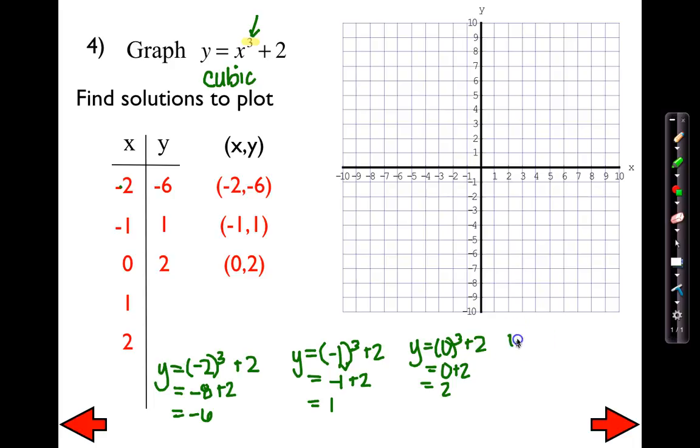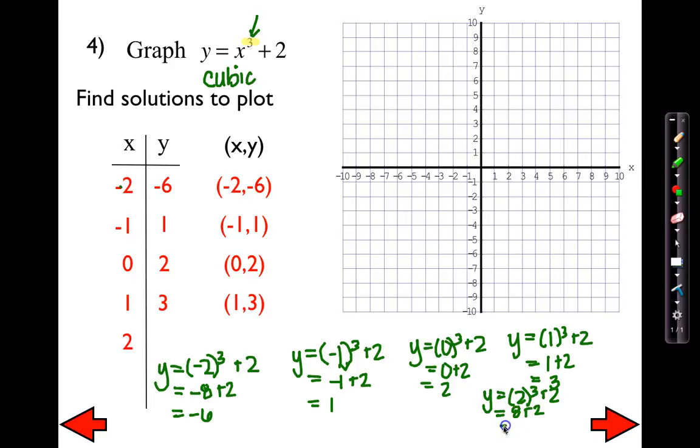And next one, y equals 1 cubed plus 2, which 1 cubed is 1 plus 2 gives you 3. So your pair is 1, 3. I'm going to go ahead and try to fit one more here. y equals, you're going to go ahead and plug in a 2. 2 cubed plus 2 is going to equal, 2 cubed is 8.